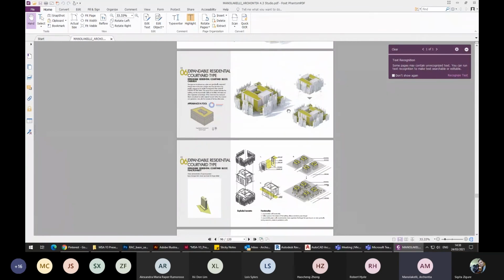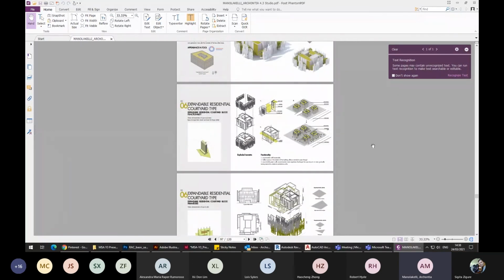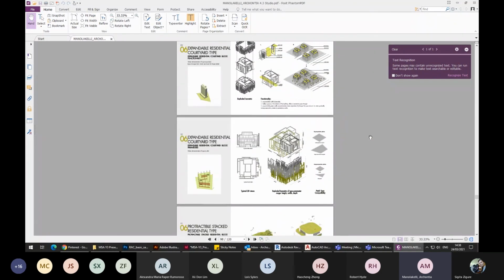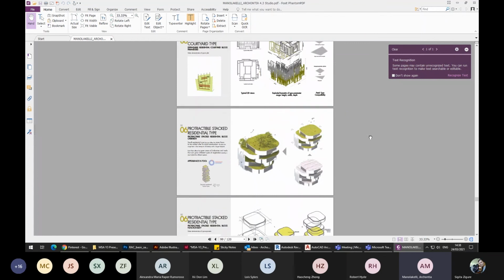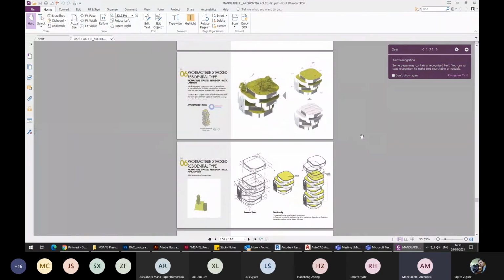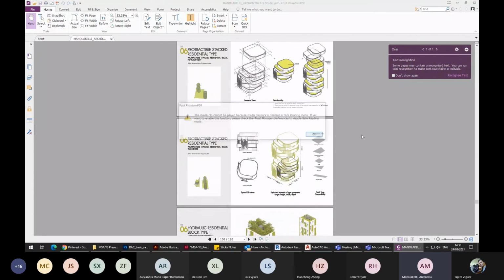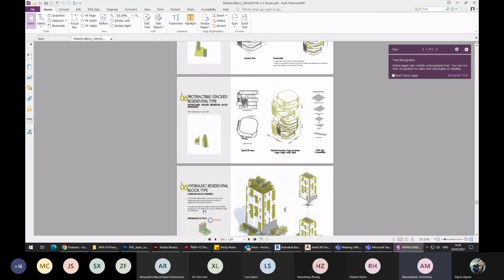So start with a render, add diagrams to highlight the very specific things that each of the typologies does. But that is because we didn't have specific requirements at the time. So for you, that would be to have them and also adapt the presentation depending on the brief that you need to follow.